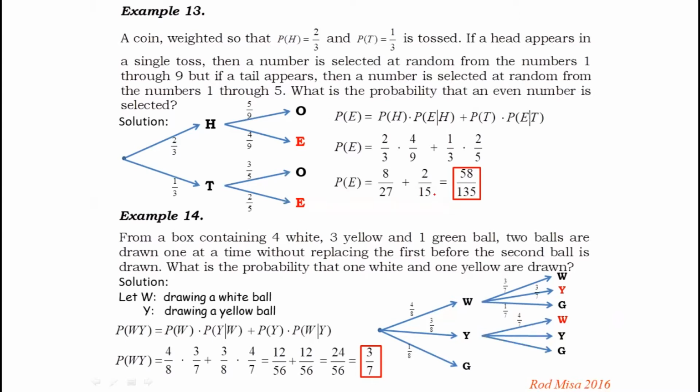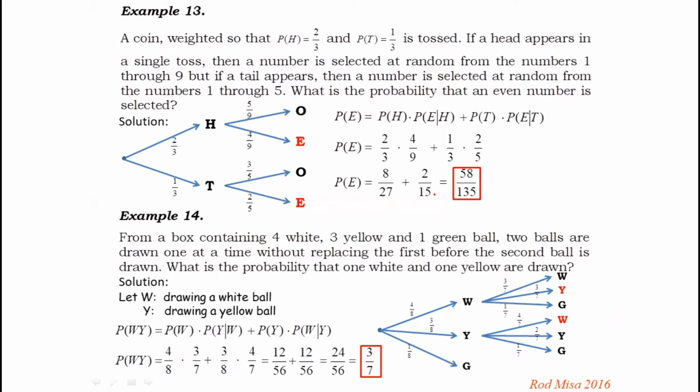But drawing a yellow ball from this box after the first draw is having a probability of 2/7, because you have drawn one of them during the first draw. And a probability of 1/7 of drawing a green ball from this box, since we still have 1 green ball from this box after you have drawn a yellow ball during the first draw.